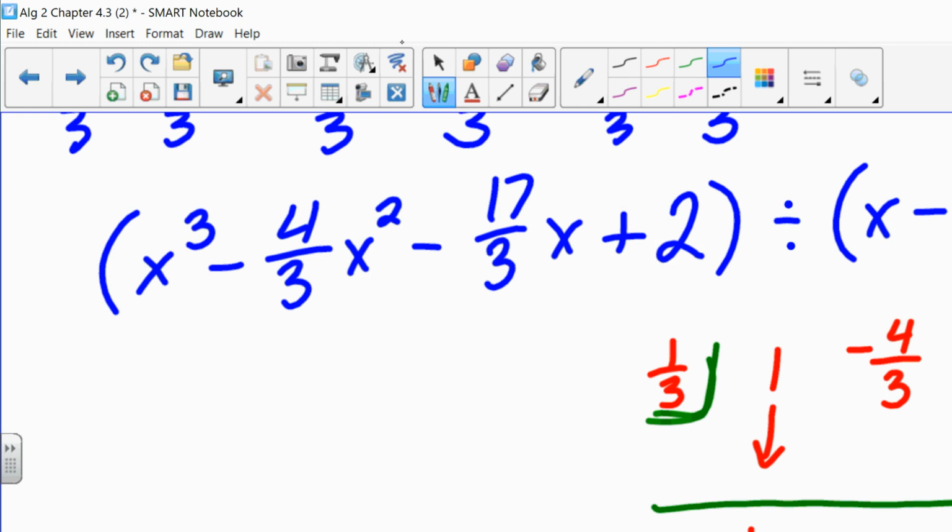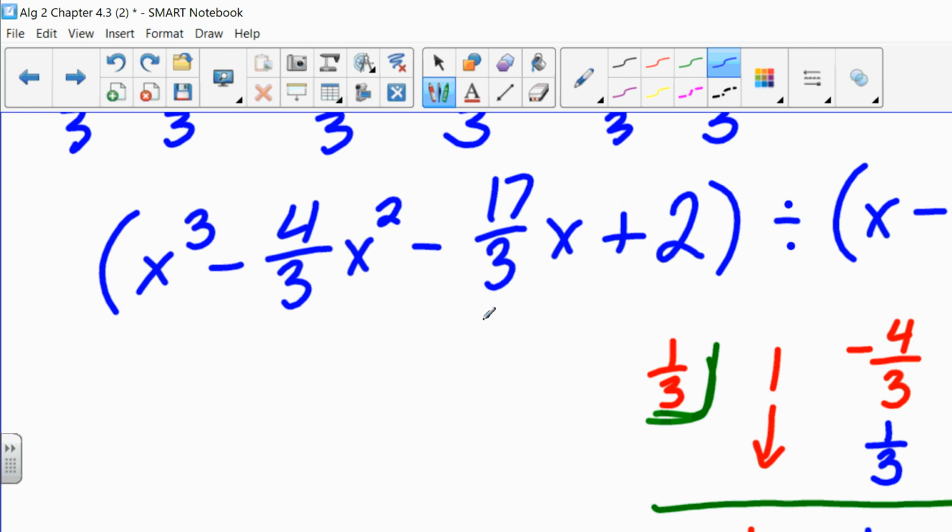So our first multiplication is going to be 1/3 times 1, which is, and then we would need to add straight down. So we have to take negative 4/3 plus 1/3.